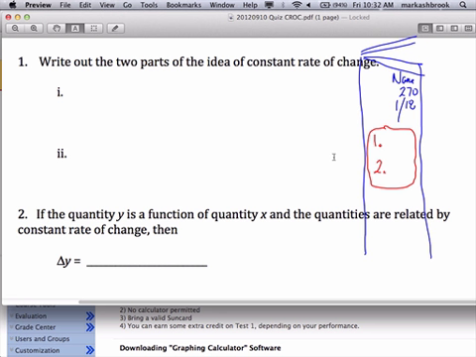Okay, 1 minute left. If you read it and remember, just write it down when you're done.